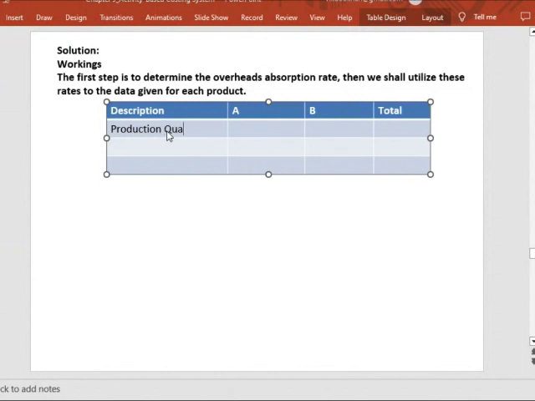You can look into your question for your production quantity for A, it is 25,000, and for B, it is 2,500. Okay, so you can counter verify with your question.